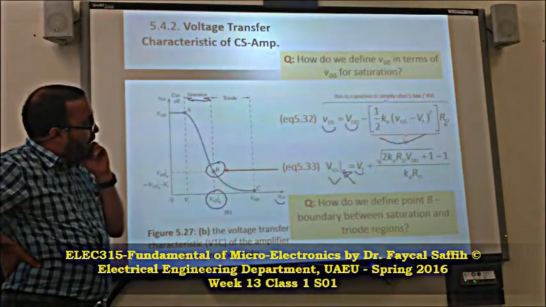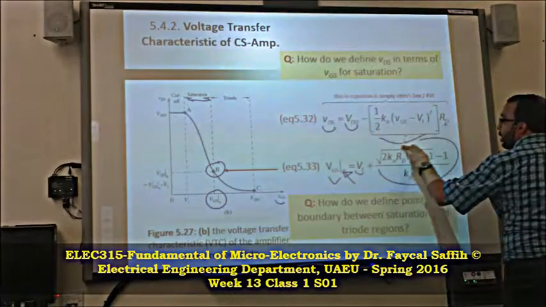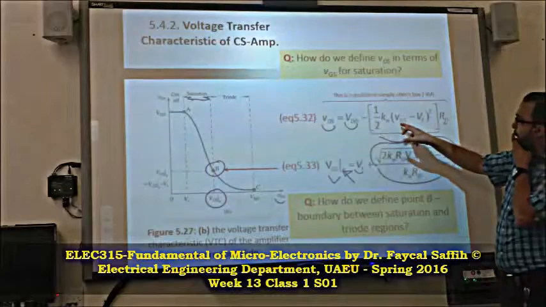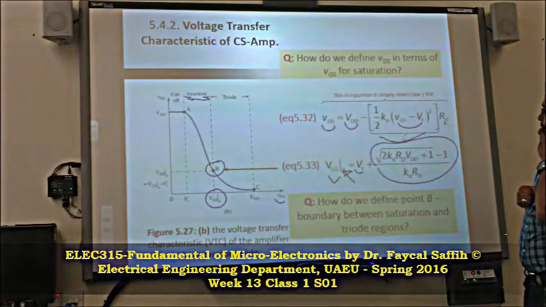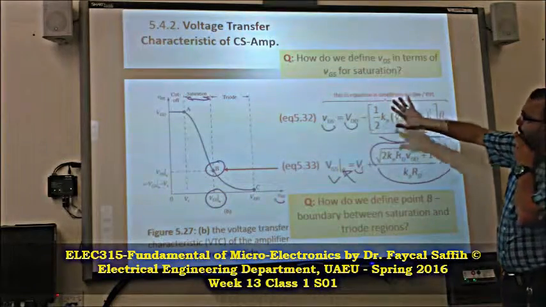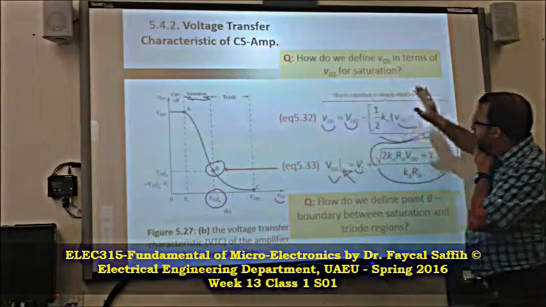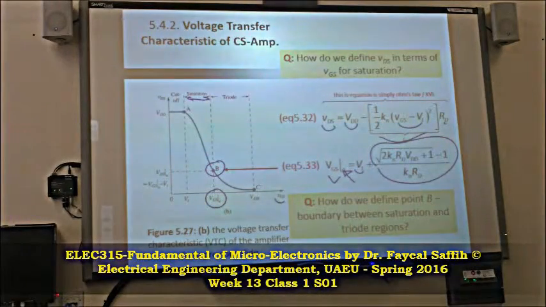So the overdrive is actually this one, yes or no? To get this from this equation, we need to bring this one there and this one there. So it will be VDD minus VDS, yes or no?